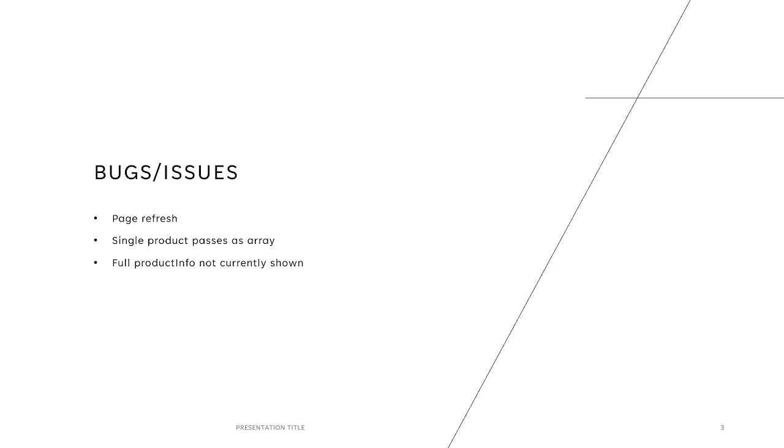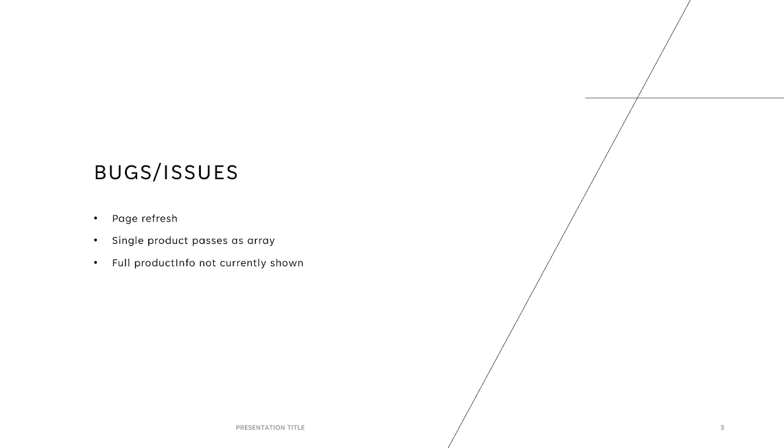This isn't really a bug, but I have an issue with it. When we select one product, that gets passed as a prop still in an array, so it's just an array of one product. For the moment, I'm just accessing that at array 0. That doesn't seem great to me. That just feels wrong.